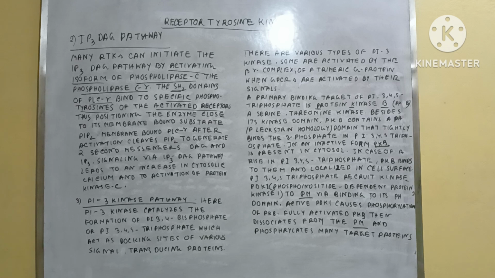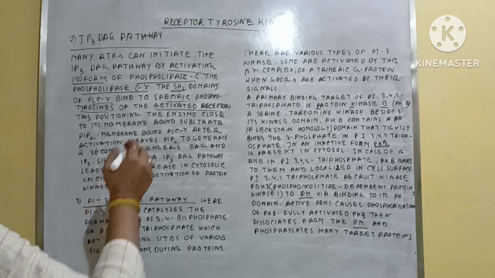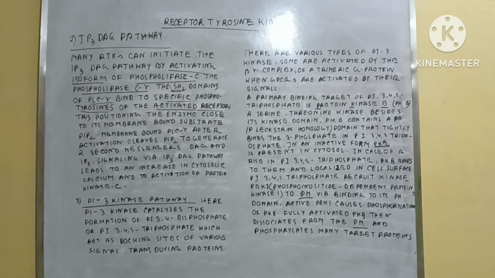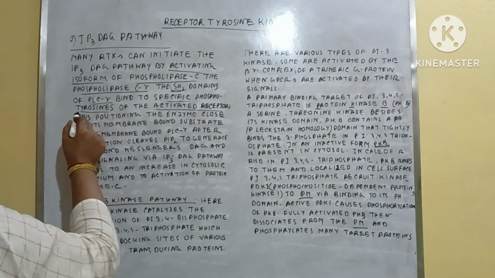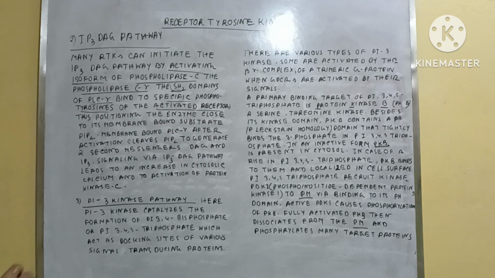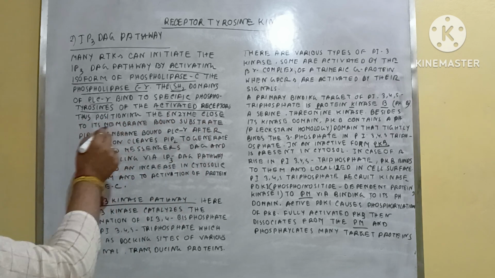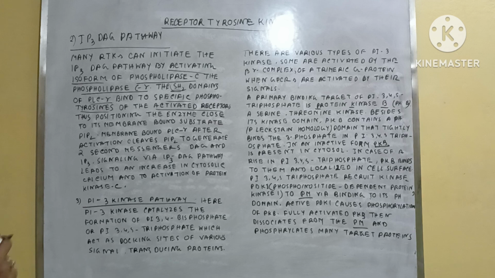So what is happening here? The SH2 domain of PLC gamma binds to the specific phosphotyrosines of the activated receptors, thus positioning the enzyme close to its membrane-bound substrate PIP2.